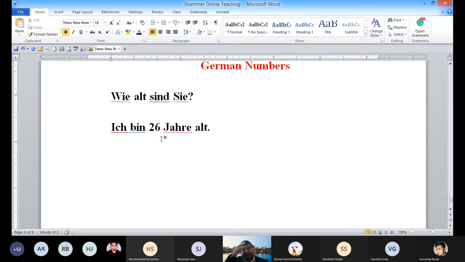In English we read 26, but in German we read 6 and 20. So this 26 will start from 6. What is 6? Sechs. Und. And this is compulsory, one can say. The word und has to be used.